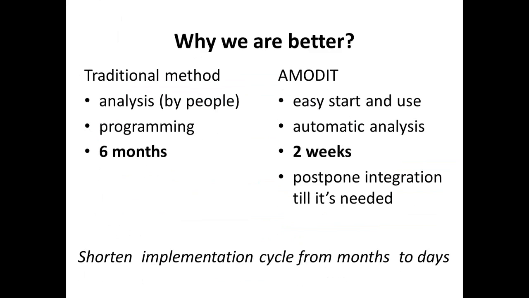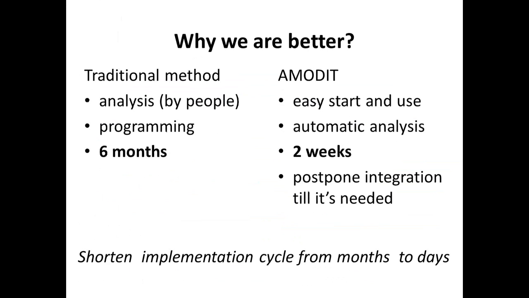So this is an approach that we have, and why is it better? Because the traditional method can take around 6 months to make the process analysis and do the implementation, programming, etc. With Amodit, we can start very quickly, make process analysis during the workshops.